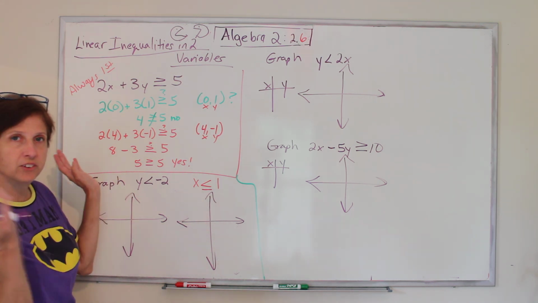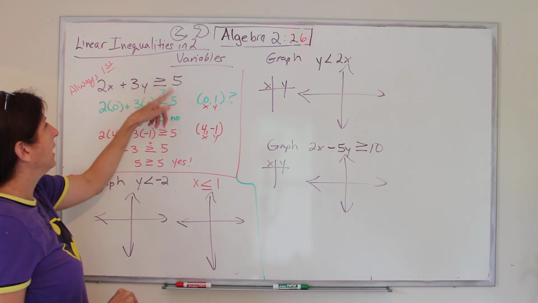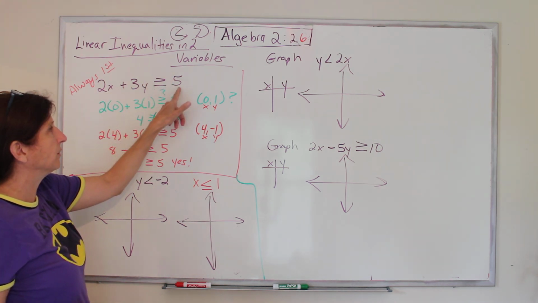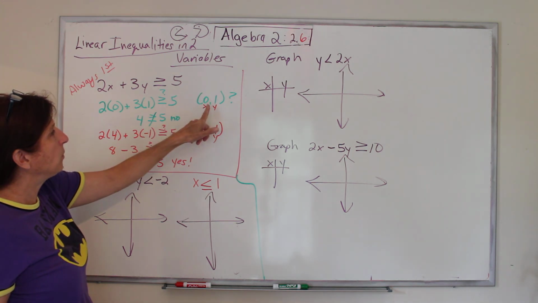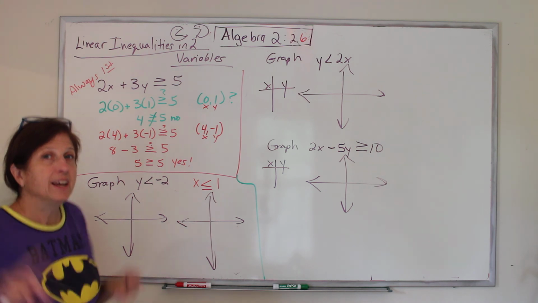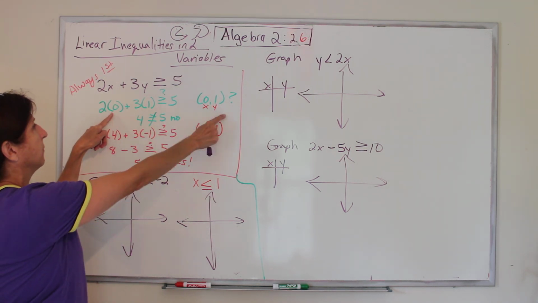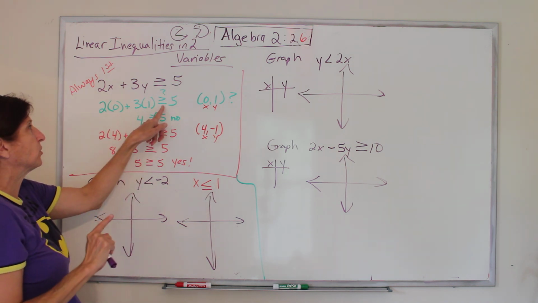But still, listen. Alright, so we have this inequality: 2x plus 3y is greater than or equal to 5. Is (0, 1) a solution? So what do we do? We substitute. We put in 0 for x and 1 for y and we see if it's true.